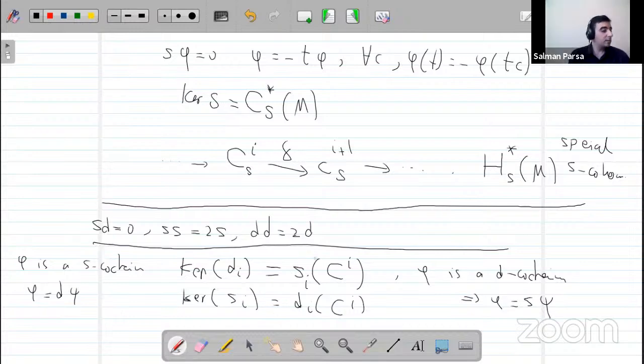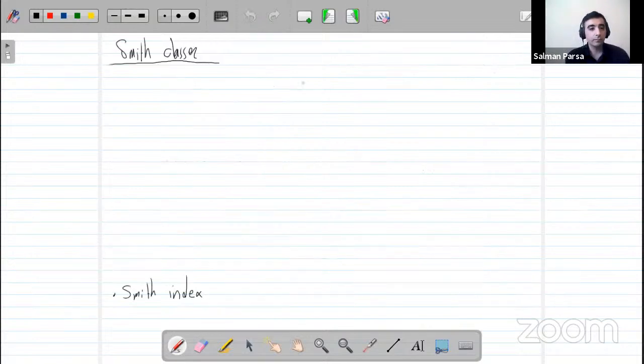Okay, now having this, we go on to define these Smith classes. For that, we start with the cochain which is 1 in the zero-dimensional cochain group of M. So this 1 is the cochain that assigns 1 to every vertex.